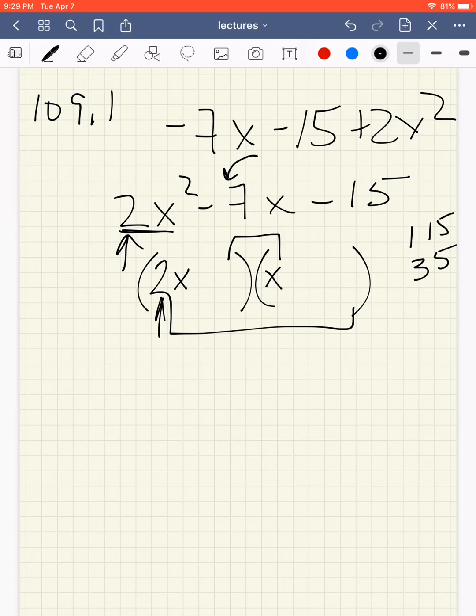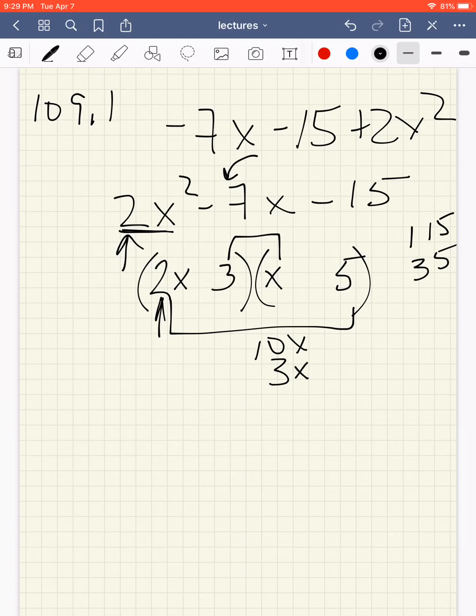So we could put 3 and 5, and 3 times 5 is 15. That works. And the outer would be 10x, and the inner would be 3x. Now remember, one has to be positive and one has to be negative, so they're going to be subtracted.